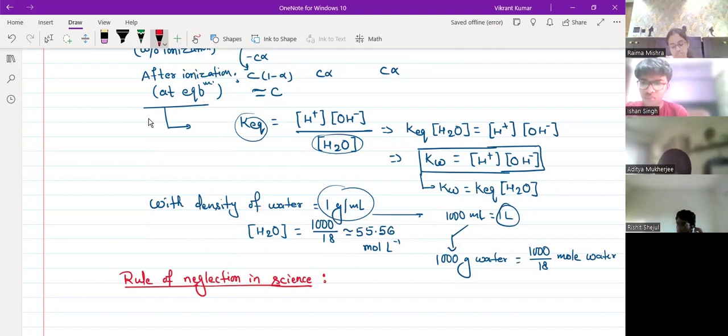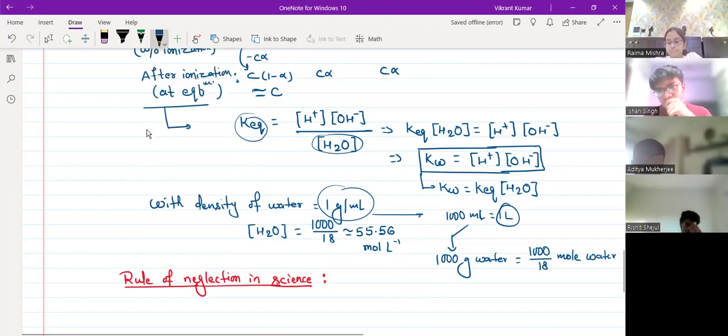If I say the value of x, if I write x/(1 minus x) is some number, and then if I say x is much less than 1, I will not write x as 0 on top, because that will spoil the whole equation. So whenever we are doing some neglection, it is always done in comparison to something.